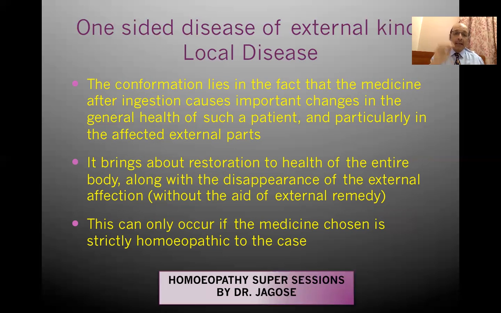That means the lesions on the external parts, whatever has been affected on the body, when you give the internal medicine, the external lesion will slowly disappear. That shows that the cause lies internal, and only an internal homeopathic medicine is essential in order to combat the cause which lies internal.